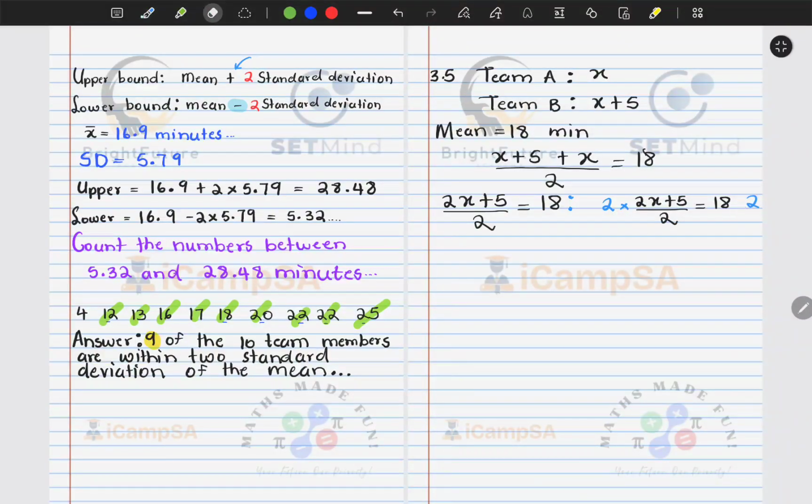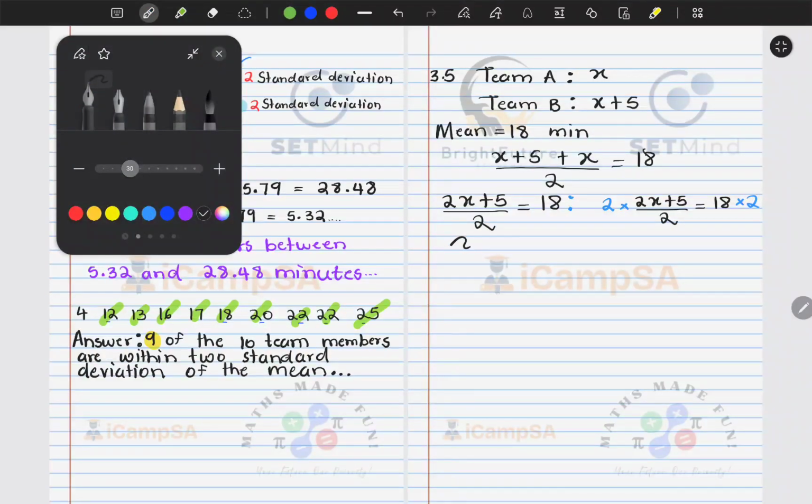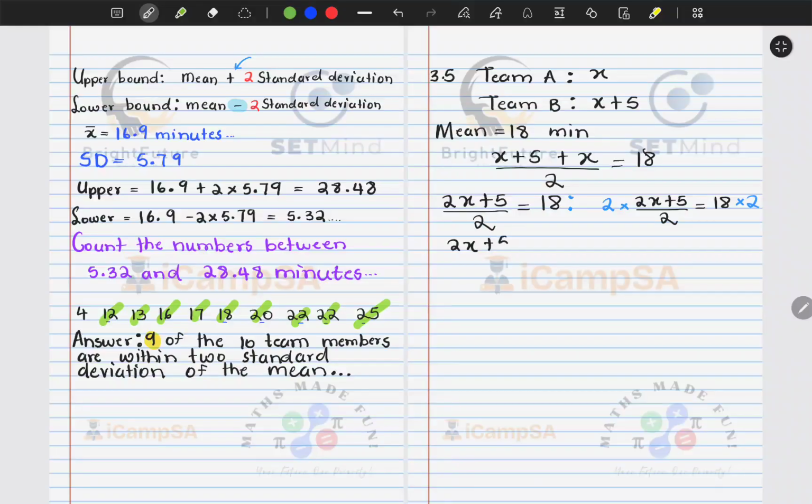If we do that multiplication, you will see that what we end up getting is 2x plus 5 equal to 36. Then we can transpose the 5, and you'll see that 2x will be 31.